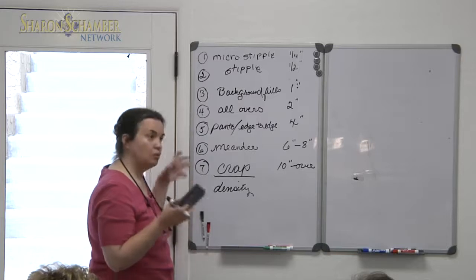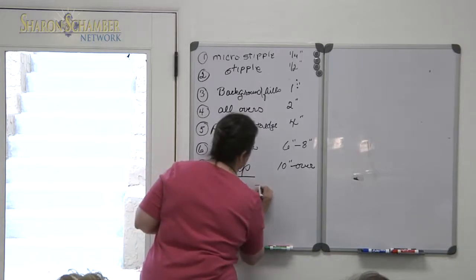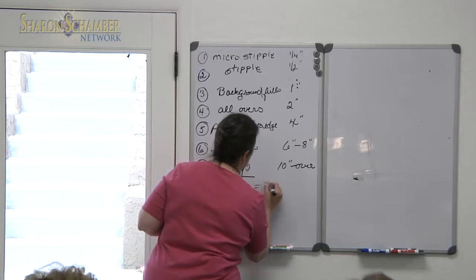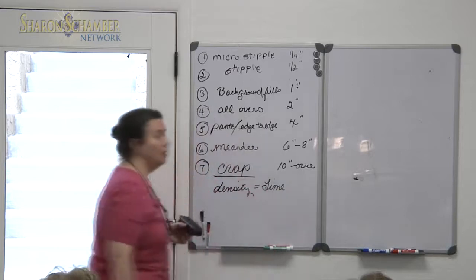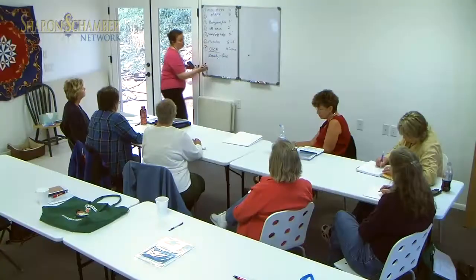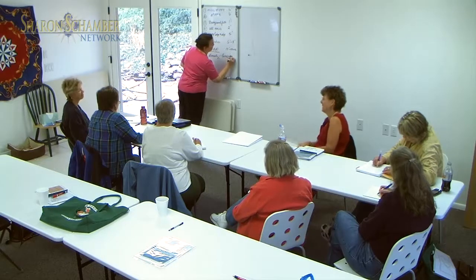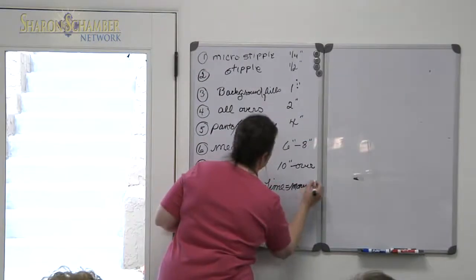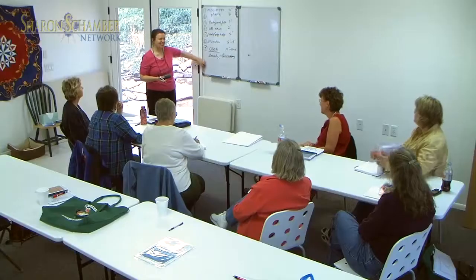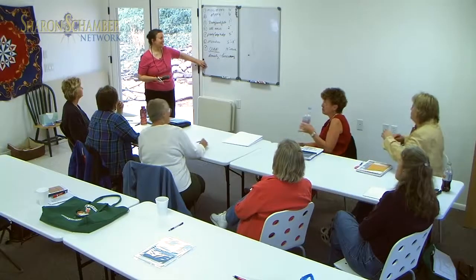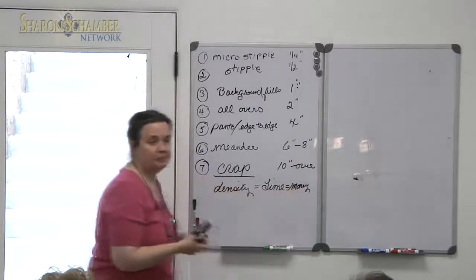Background fills, a little bit more open. So density equals time, doesn't it? And what does time equal? Money. I'm going to blow your mind, though, in a little bit. All right, so density equals time equals money. Does that make sense?